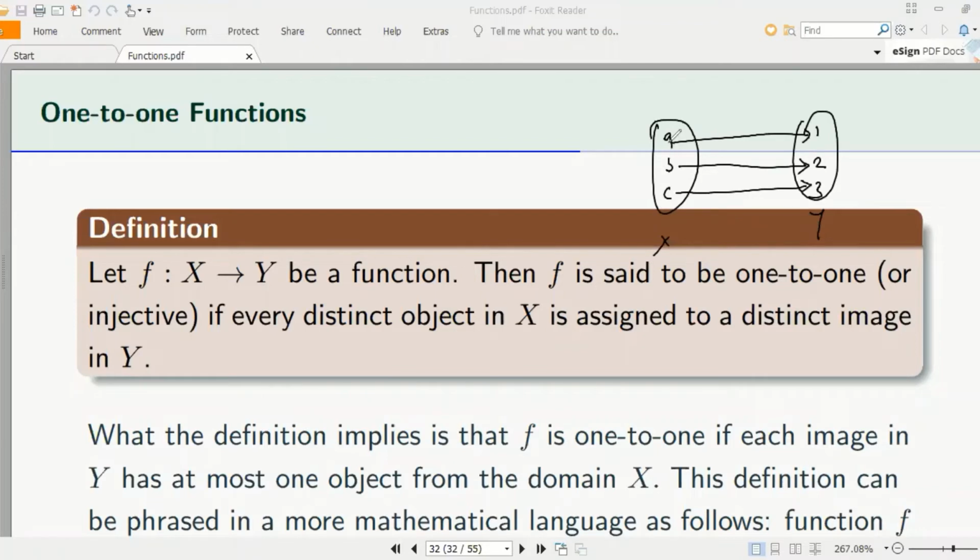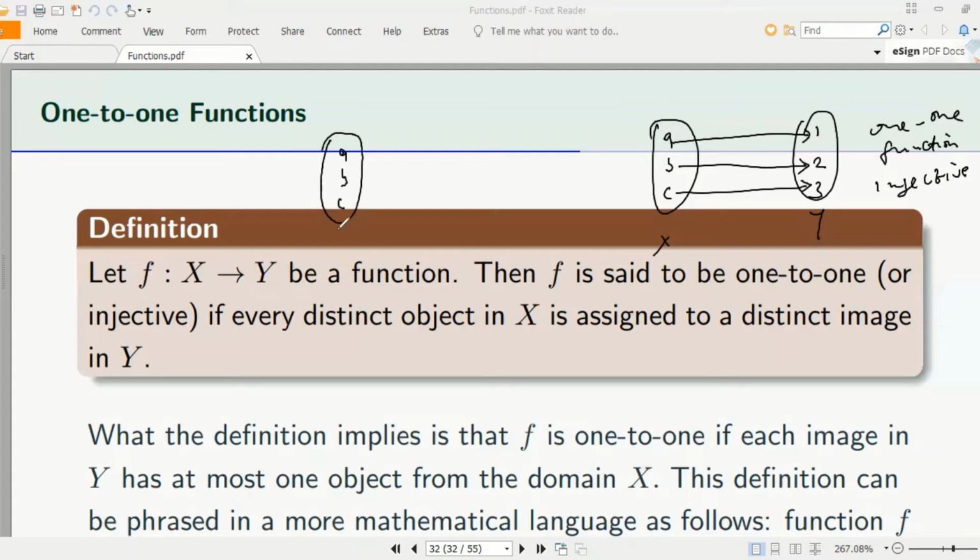What I'm seeing here is that one object has one image, another has one image, another one has one image. And if the objects are different, then the images are also different. So this is a one-to-one function. A one-to-one function, which we also call an injective function.